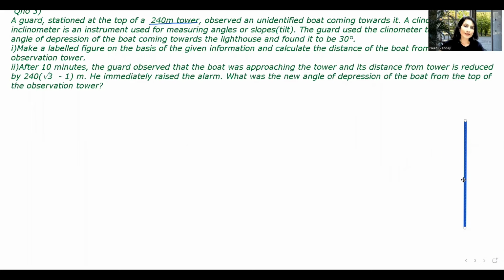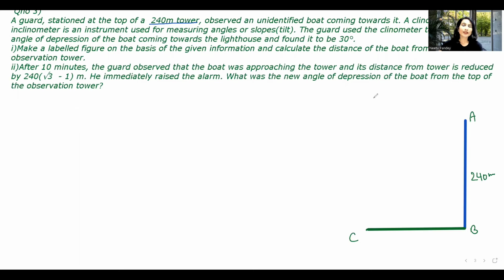So this is the tower, 240 meters, and let us make the leveled ground where the boat is. Suppose the tower is AB. Its height is given 240 meters, right? And suppose B is here, and the boat, let it be point C.